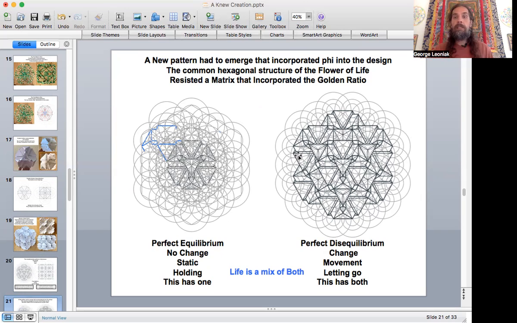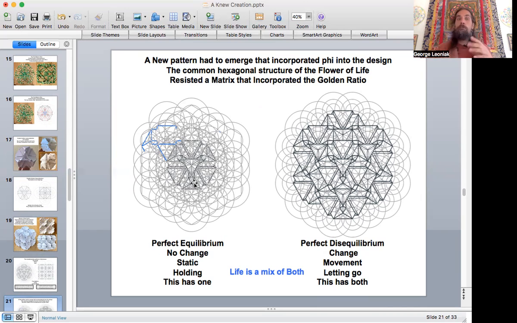Which is doable in this. It's just that the circle template itself is struggling to incorporate the phi ratio because of that hexagonal structure. When you build it out past the original golden circle seed of life, because these are all golden circles in here, it really wants to continue to hold on to the no change of the hexagon.